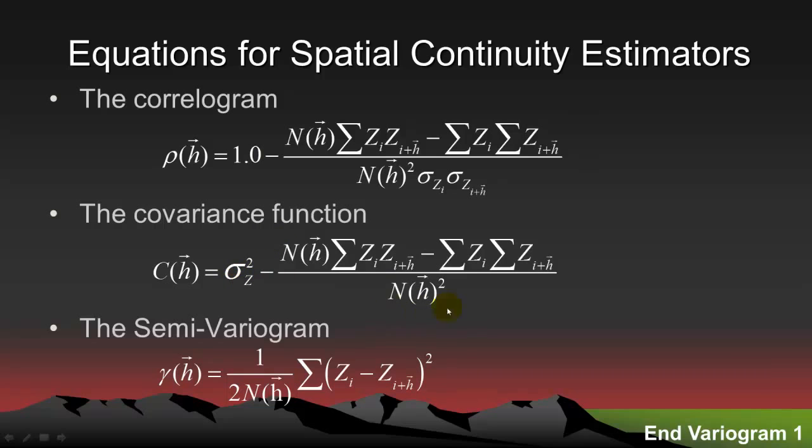If we examine this term here and go up to the Correlogram, you will see that it's identical except for the fact that we have divided by the standard deviations of the samples at the tail and head of the separation vector, and that gives us a Correlogram, or the correlation coefficient, which we subtract from 1, and again we do this to turn it upside down so that it looks like a variogram.